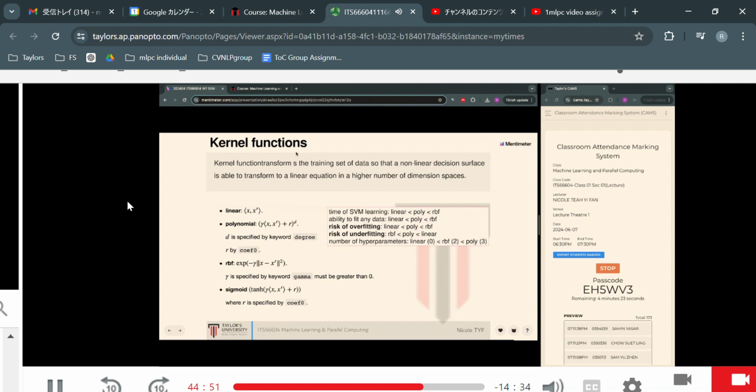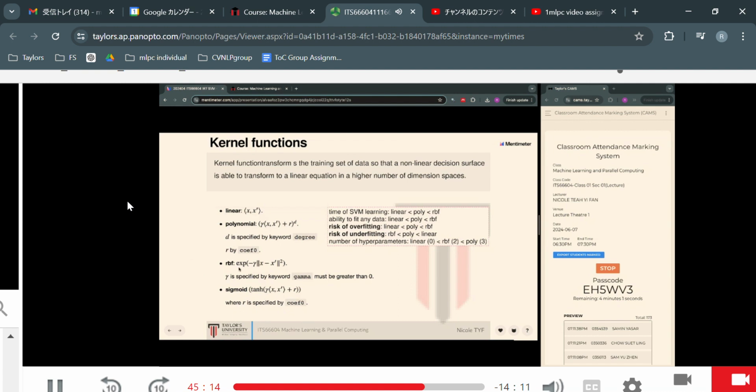Ultimately, this kernel function tries to transform the training set of data into a higher dimensional space. And there are many methods of them, and three of the most commonly used ones are the linear kernel function, polynomial kernel function, and radial basis kernel function.